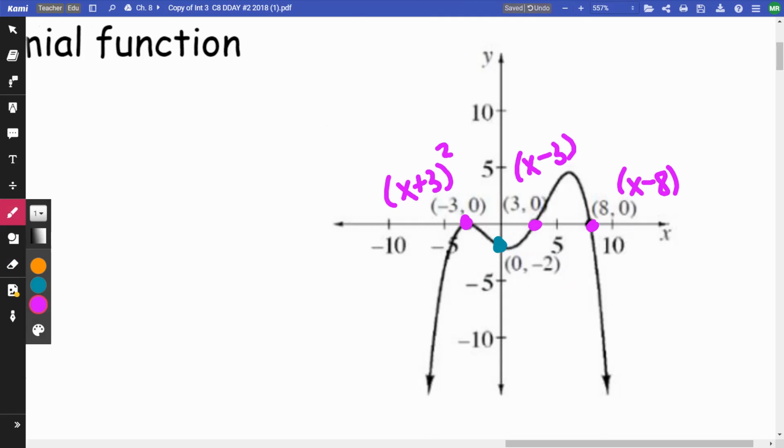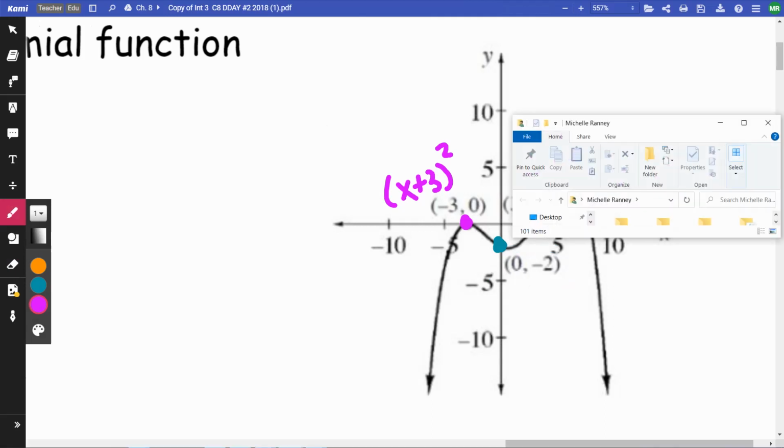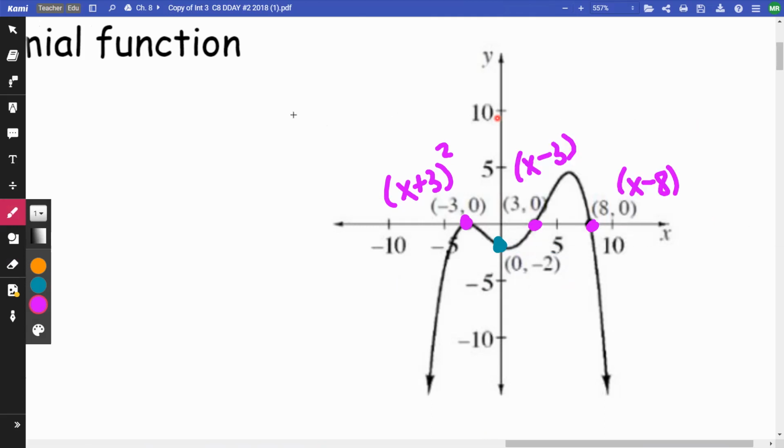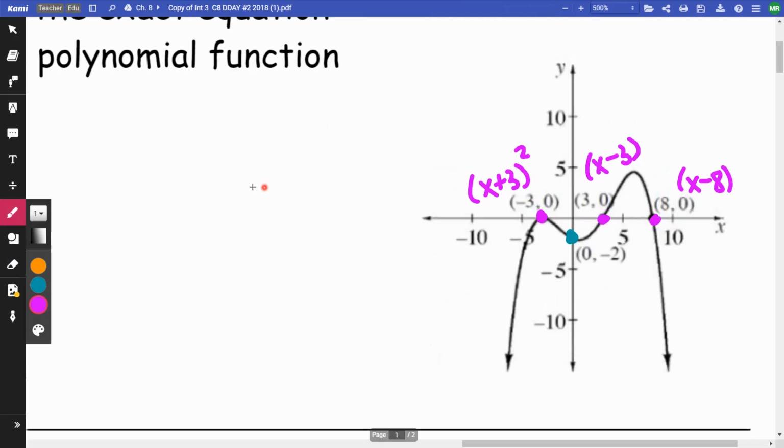And let me just get rid of that so we can see the flow. So for this, what I'm going to do is write out my factors and my a, and then substitute that point into it.